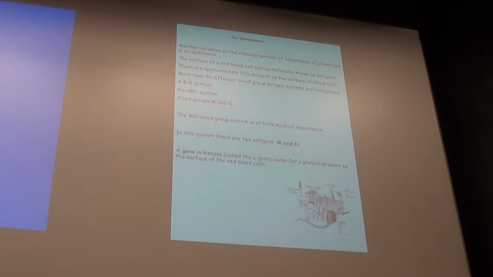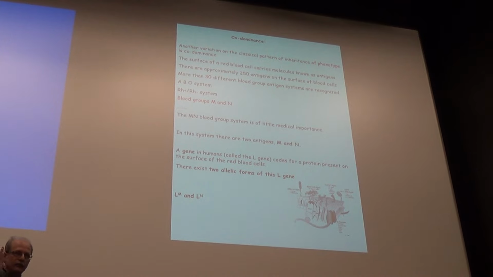So you have one or the other. There are two alleles, the LM allele and the LN allele, two allelic forms of the L gene.